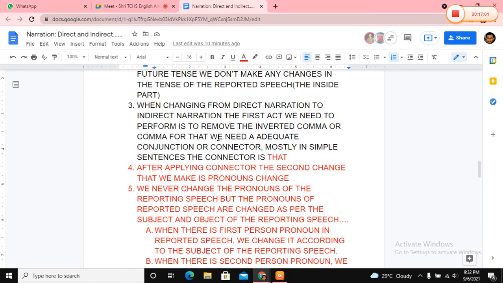Yes, sir. After applying the connector, the second change that we make is of pronouns.